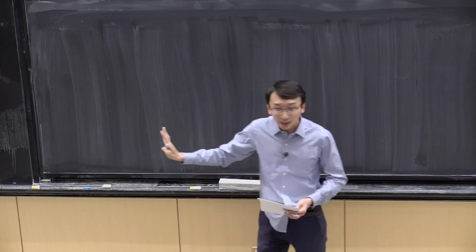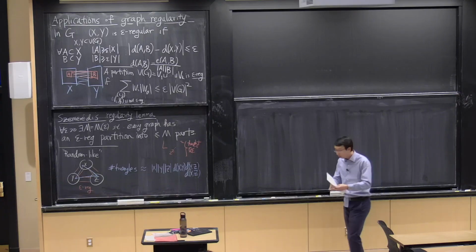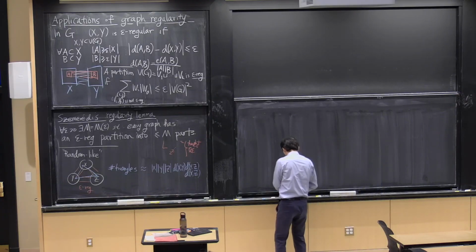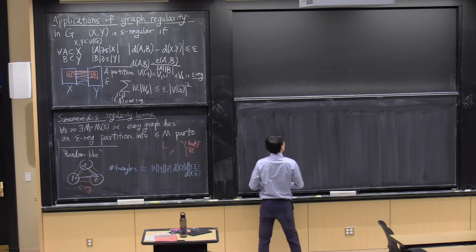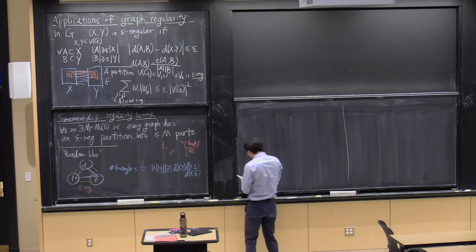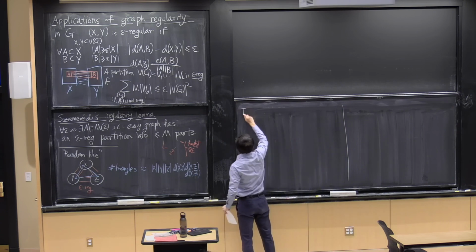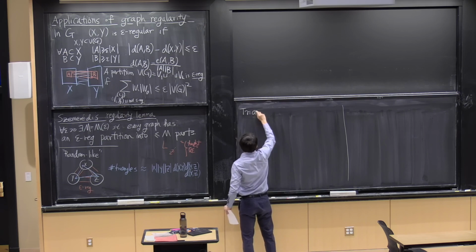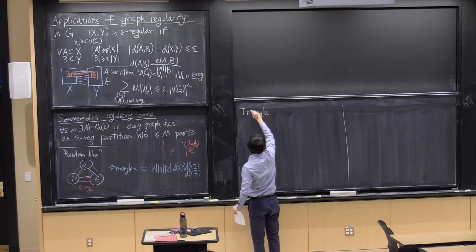Let me formalize this intuition into an actual statement. This type of statement is known as a counting lemma in the literature, and in particular, let's look at the triangle counting lemma.